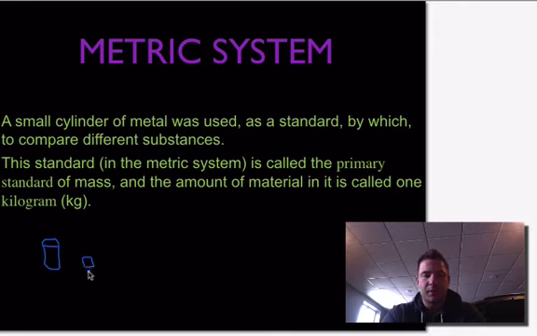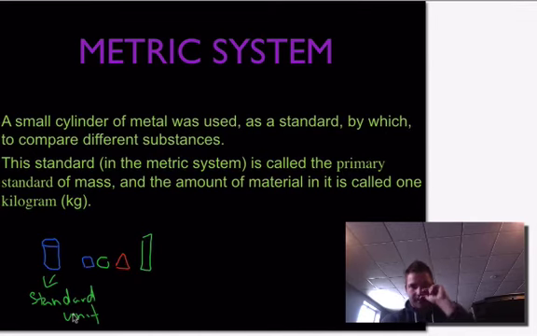Maybe they put different things next to it, right, and started to compare them to see in comparison how they sized up towards the cylinder. And I'm just drawing shapes, but so they had all these different objects that they would compare to this right here, which was the standard unit.